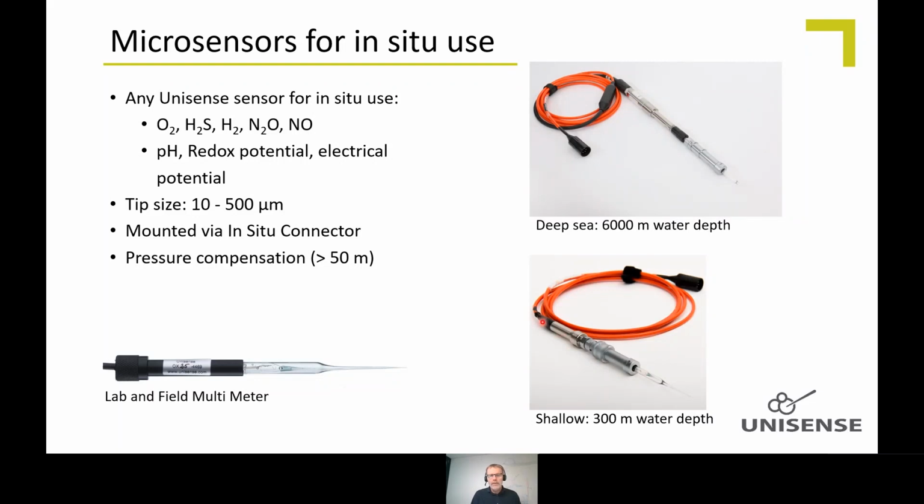The in situ amplifier has the electronics here. It has this connector up here for mounting on the instrument, and then it has the in situ connector here and the sensor here. The in situ connector is necessary to establish the pressure compensation and connect the sensor to the amplifier. Pressure compensation is needed if you want to go deeper than 50 meters.